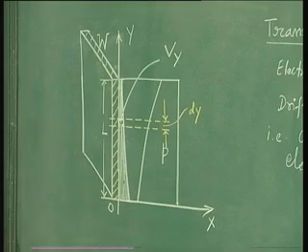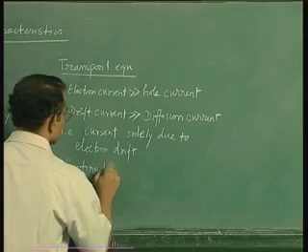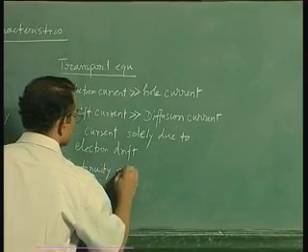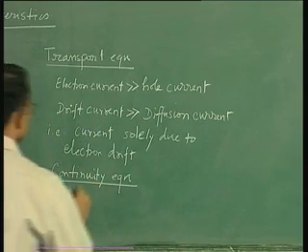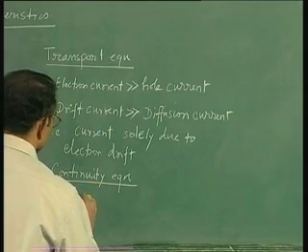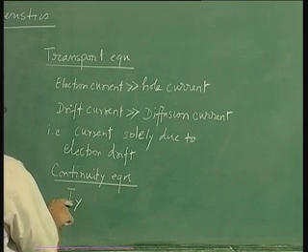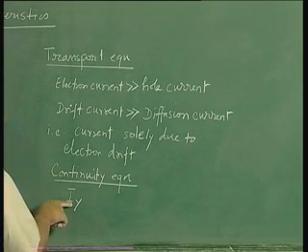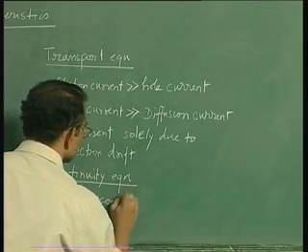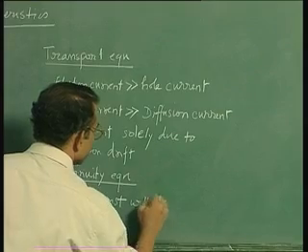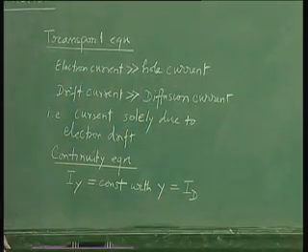So that is a statement of continuity equation. So continuity equation is Iy, that is the current across the cross section of the channel at any y, is constant with y, and therefore it is equal to the drain current Id.